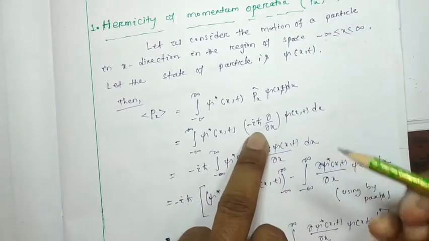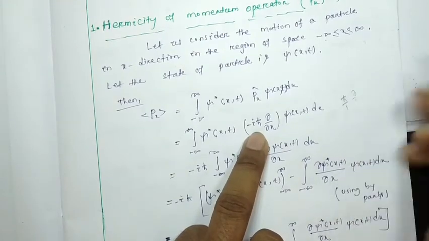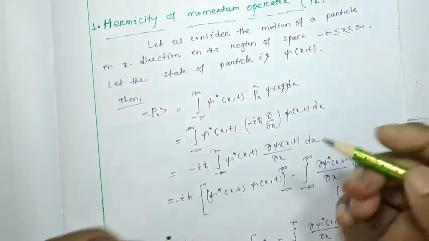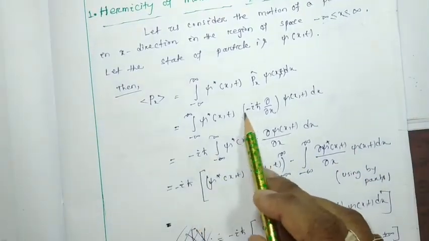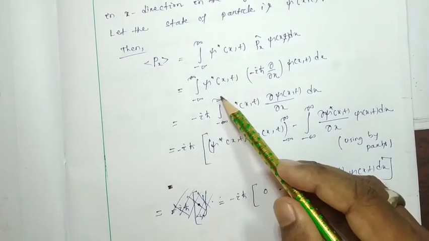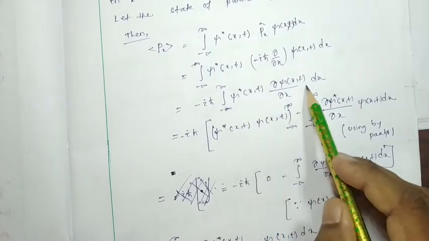You can also write h cross by i, the same thing. So I take minus i h cross out of the integral from minus infinity to plus infinity.